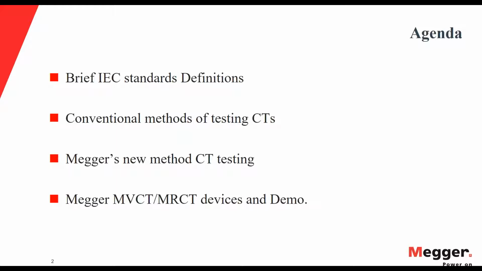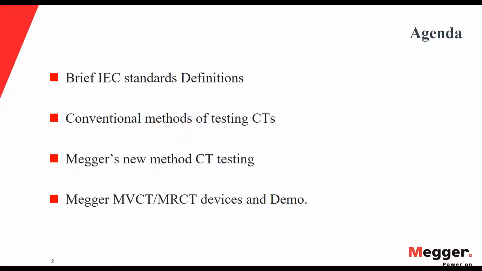So for our agenda today, since we are talking about the IEC standard from the perspective of CT testing, I will have to speak briefly about IEC standards, what standards are available, what classification based on these standards is available, and for what purpose.